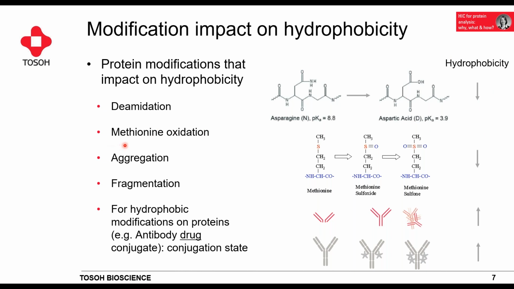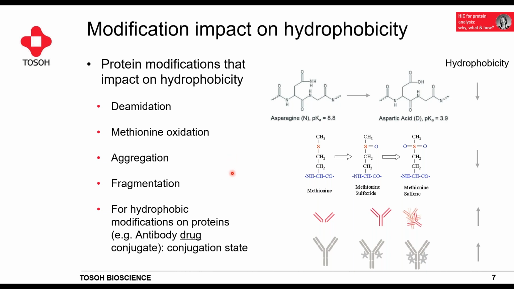Same is true if we look at methionine oxidation, which means that the sulfur in methionine is either once or twice oxidized. Again, we add oxygen, which leads to a decrease in hydrophobicity, or the other way around, an increase in hydrophilicity. Now, what we also find is that the size of a molecule has an impact on how hydrophobic it is.